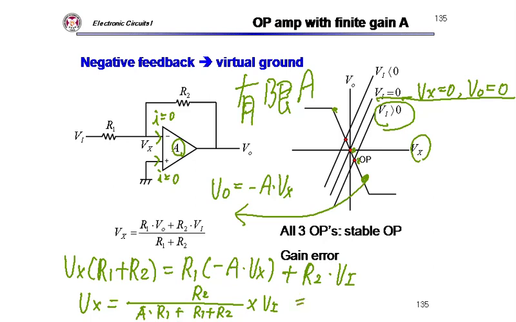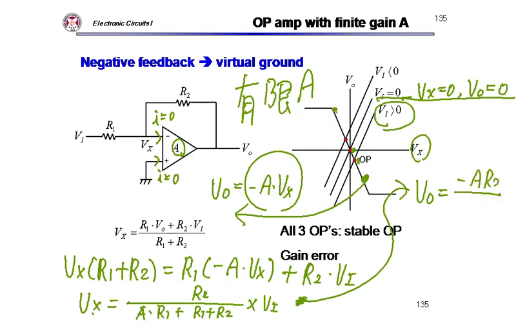If I divide by A, what happens? Anyway, then what's my VO? I will substitute this equation into there. Then my VO will be minus A R2 over A R1 plus R1 plus R2, times Vi, right? So I will divide by A in both equations.